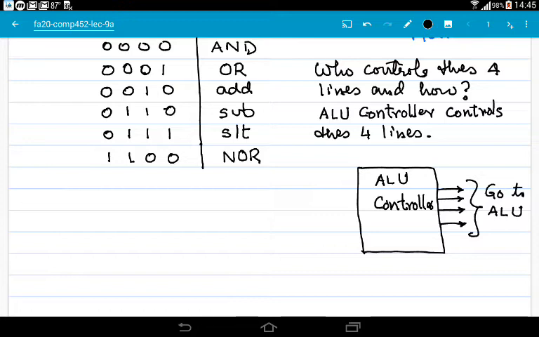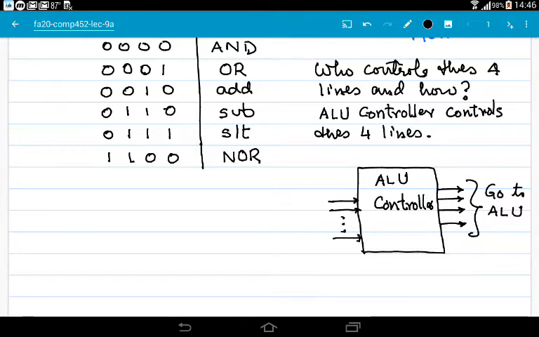Okay, now what will be the input of the ALU controller and how many lines will we need? How many lines are we going to need? 1, 2, 3, 4. How many lines? By the way, how do we determine the number of input lines of the ALU controller?